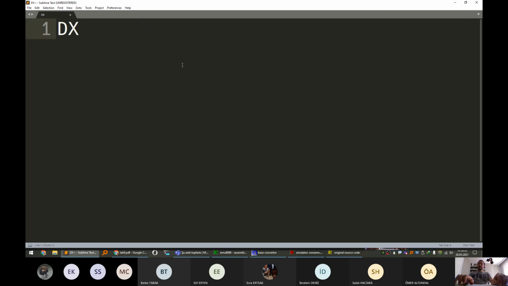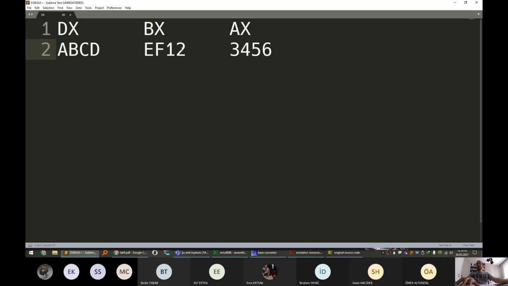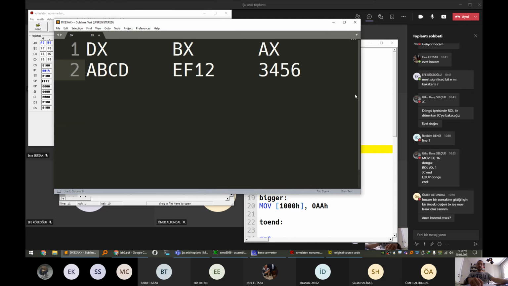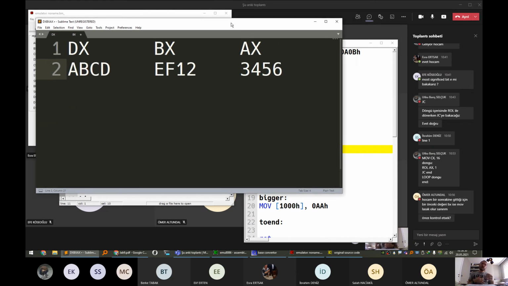Let's say DX, BX, and AX have these values: A, B, C, D, E, F, 1, 2, 3, 4, 5, 6. Generally, rotate can only rotate 8 or 16-bit values.